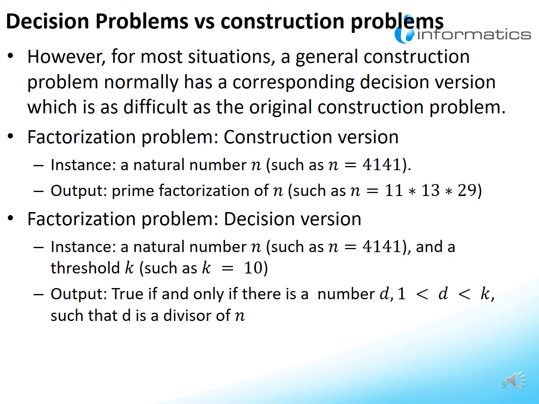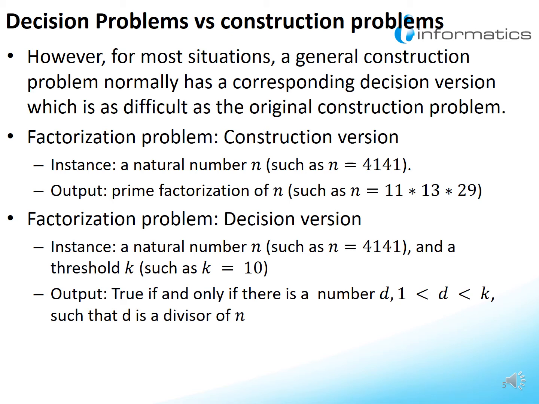For example, let's look at the factorization problem, the construction version. In this problem, the input is a natural number n, for example, n equals 4141. And the expected output is the prime factorization of n.